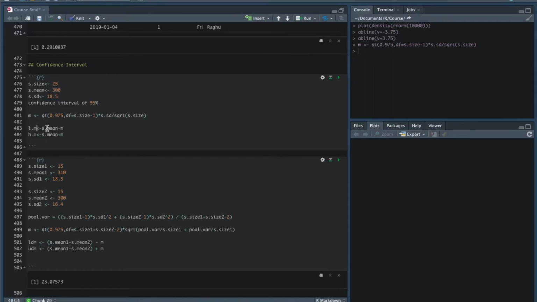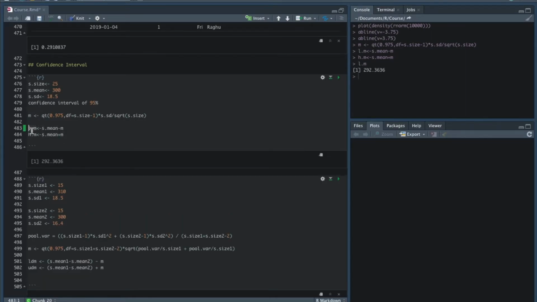The lower limit of that range is calculated as the sample mean minus the margin that we calculated, and the upper limit is calculated as the sample mean plus the margin, and it comes out to be somewhere between 292 and 307.